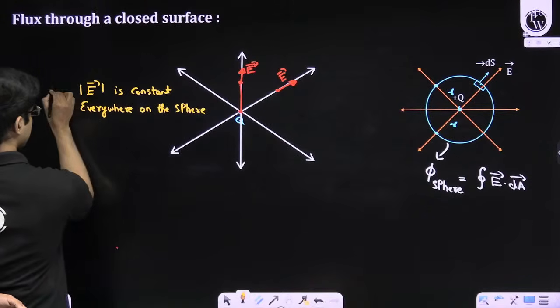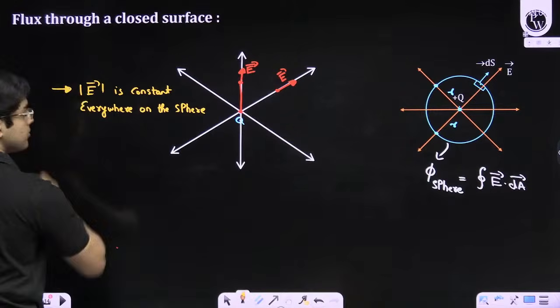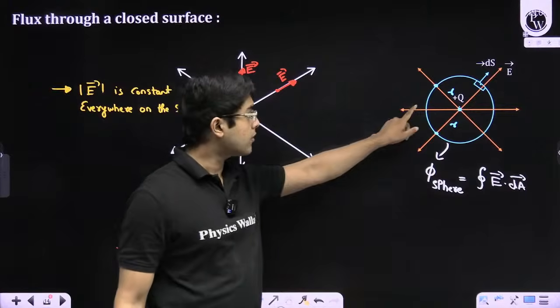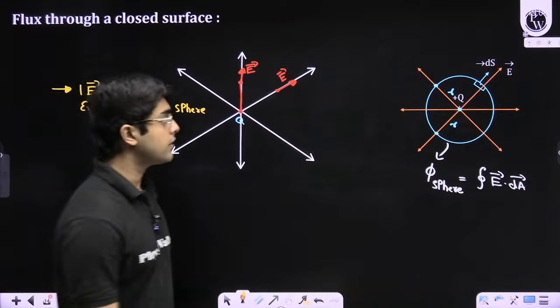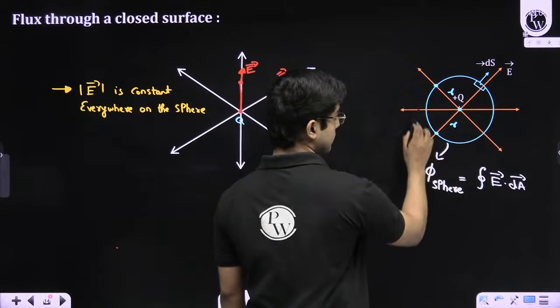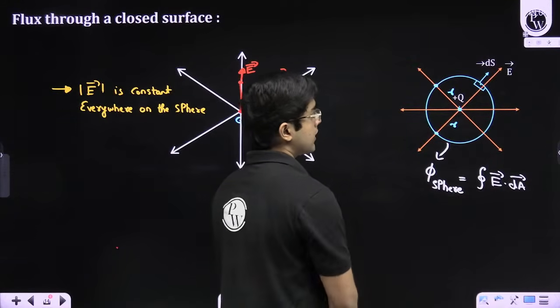This is because all the points on the sphere are at a distance r from the plus Q charge. So by symmetry, all the points will have the same magnitude of the field.